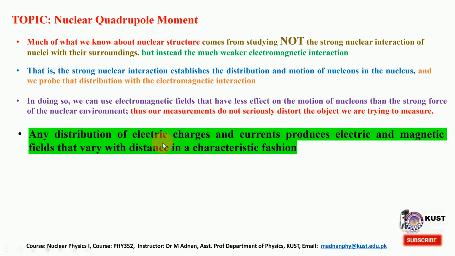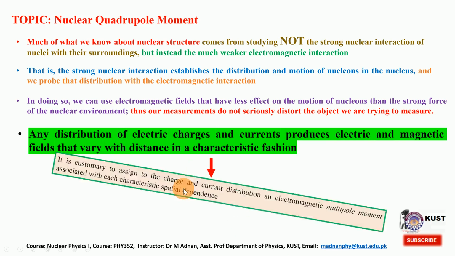And today we will be talking about the electric charge distribution, since the nucleus contains protons which are charged particles, and the distribution of those protons can give rise to quadrupole moments, and that exists only when there is deviation from the spherical symmetry of charges.